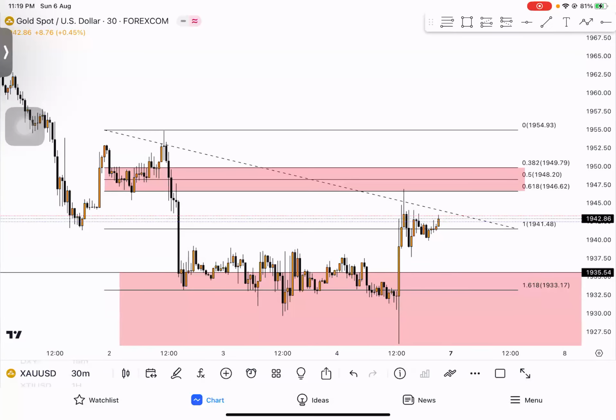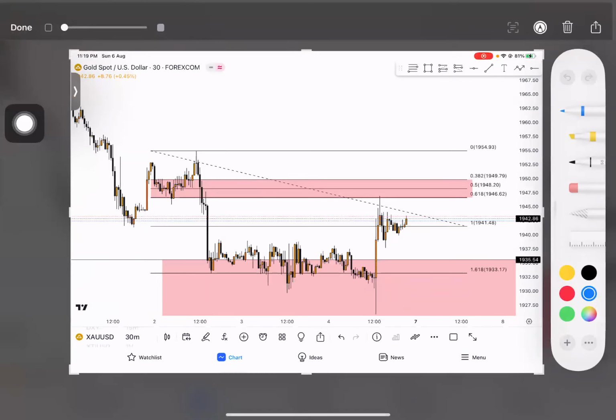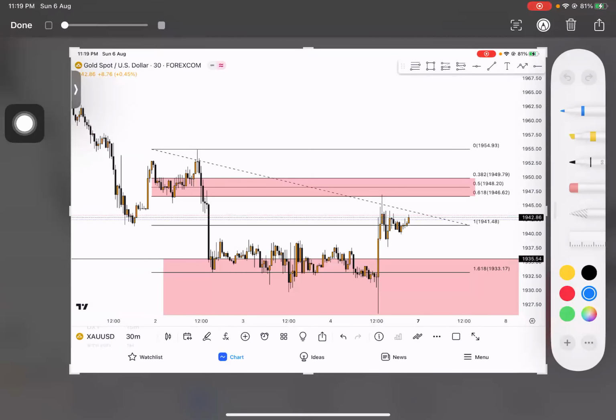Fibonacci is actually not hard, but for me sometimes it's in tune, sometimes not; sometimes correct, sometimes incorrect. So it still depends on the market structure. Everything, structure comes first. Swing high and swing low can be determined first before you take the Fibonacci.